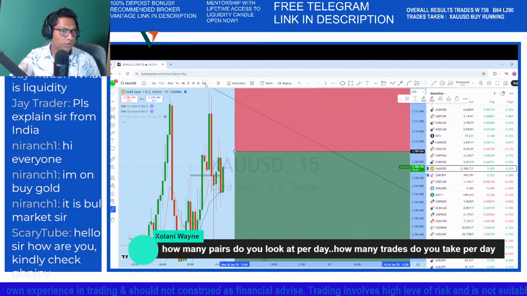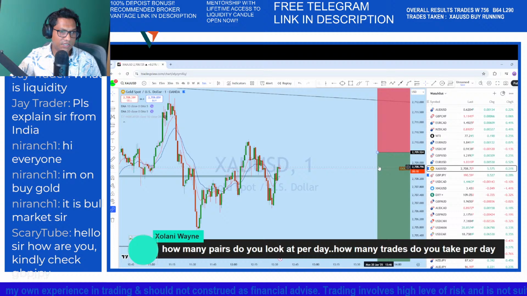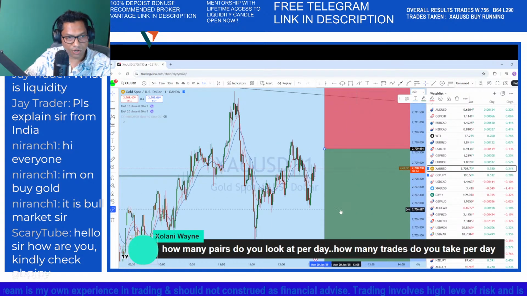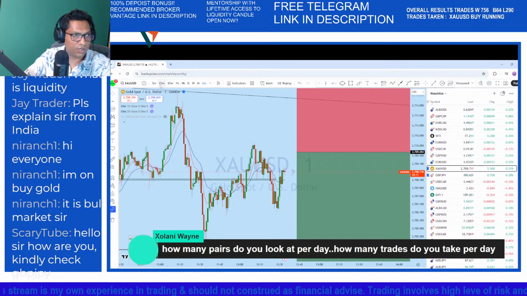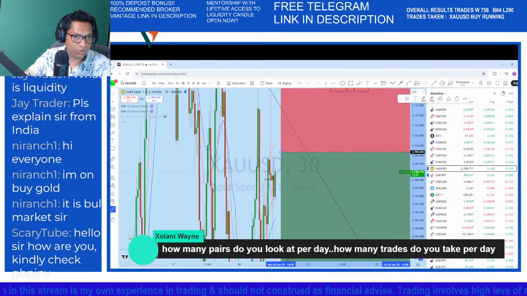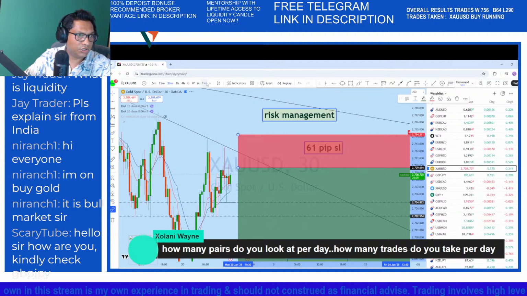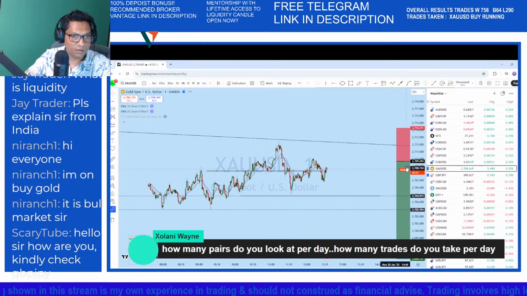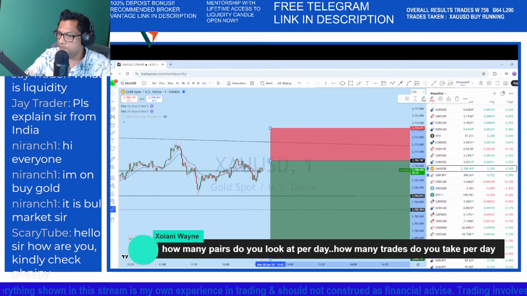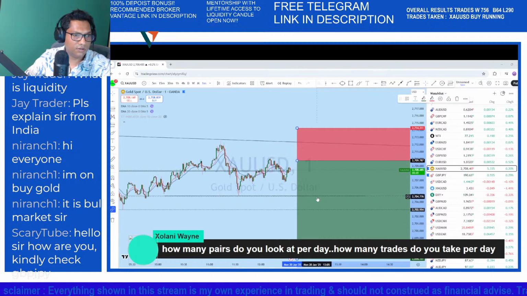Okay, so what you can see, the market is still not able to break below further, so we may see further sideways or potentially a bounce here. Now for the trade, our entry, we are nearing that entry.